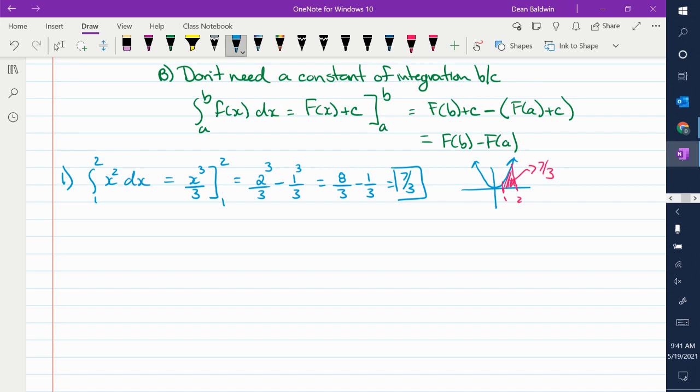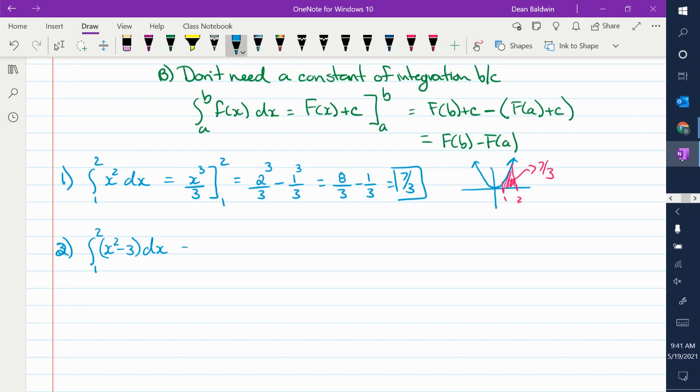So let's try another one. X squared minus 3. So the same function's been shifted down. Okay?